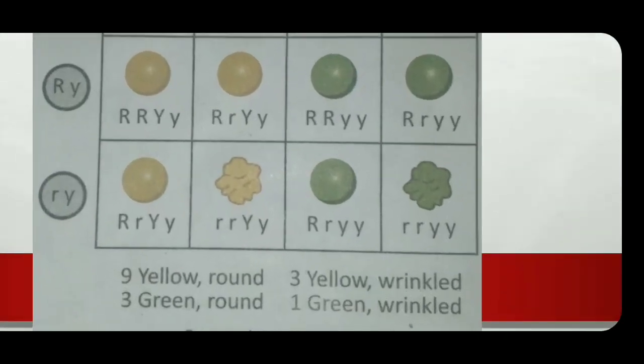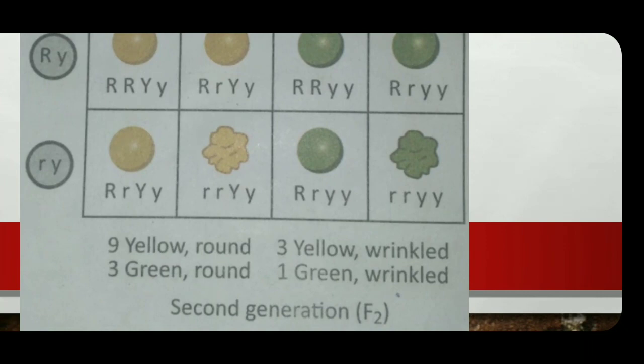So here in Mendel's dihybrid cross, in the F1 generation, all the offsprings were round yellow, that is the parental trait only. In the F2 generation, he got 4 different types of traits, in which 2 traits were parental, that is yellow round and green wrinkled. He also got 2 new traits, that is yellow wrinkled and green round.